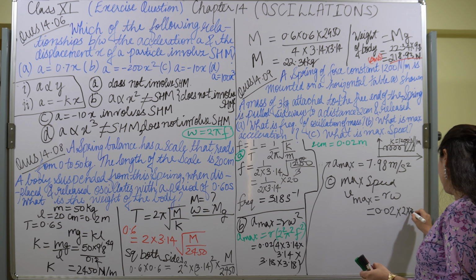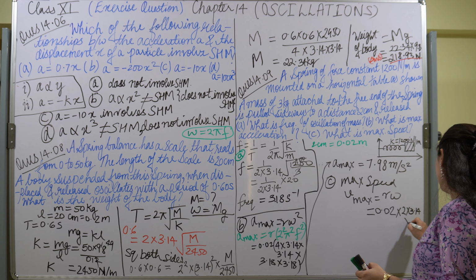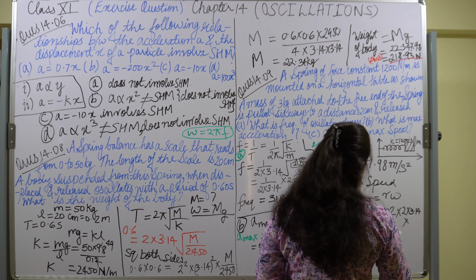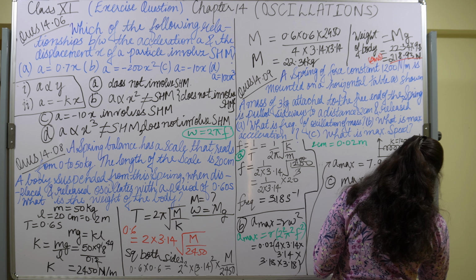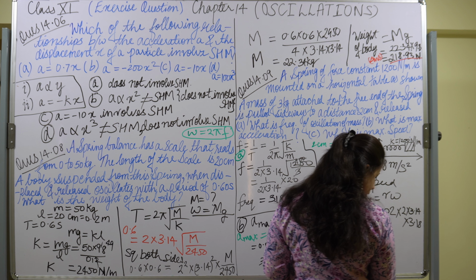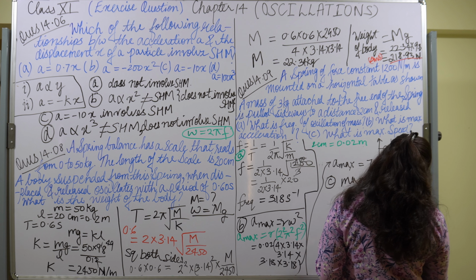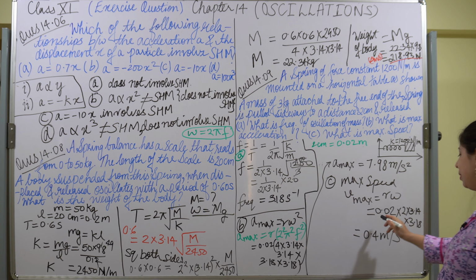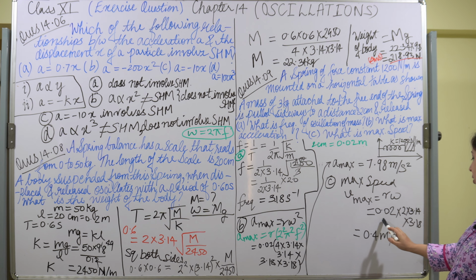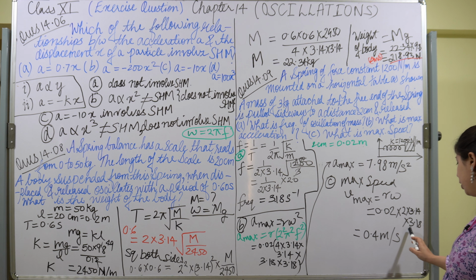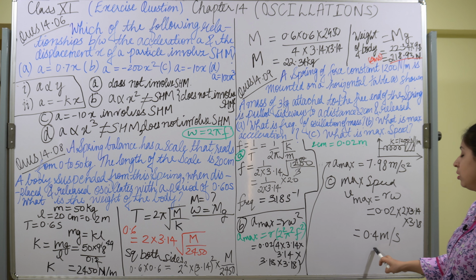So 2 into 3.14 into f, which is 3.18. When we multiply all these values, 0.02 into 2 into 3.14 into 3.18, we get the value 0.4 meter per second.